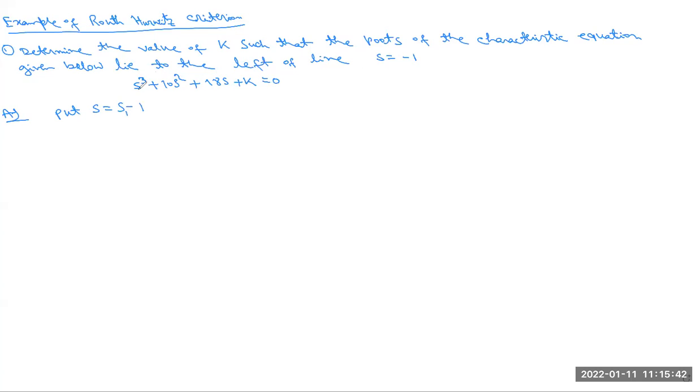So we have to put the value of S. Put S equal to S minus 1, but we have to differentiate this S, calling it S1, because we are putting in the value S equal to -1. So we change the name here to S1, and we put S equal to S1 minus 1.